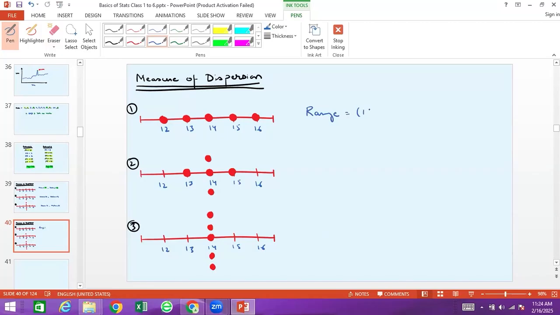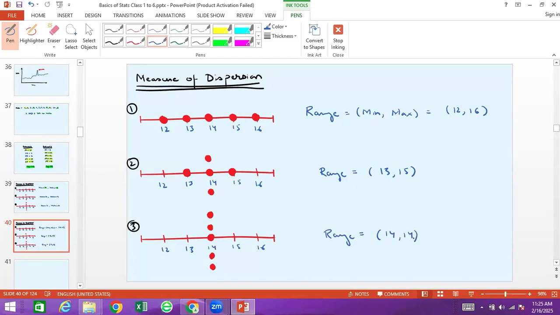Range is nothing but your minimum value and the maximum value. So in this case, the range will be between 12 to 16. In this case, the range will be from 13 to 15. And in this case, the range is going to be from 14 to 14.